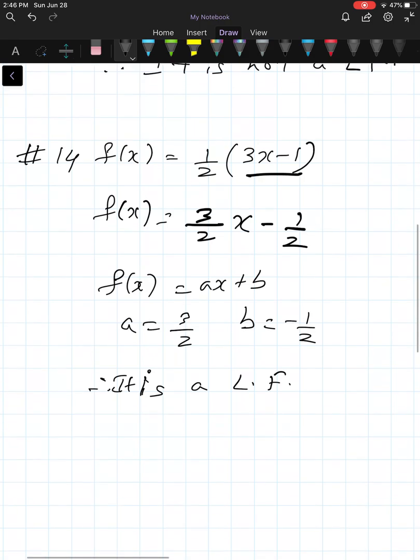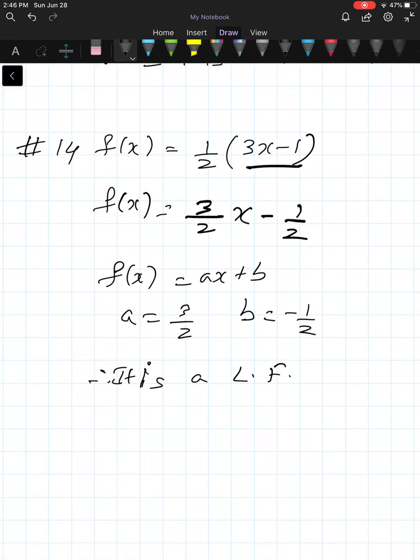Next we shall see how to graph a linear function. You know how to graph functions, right? You take arbitrary x values and find their functional values, and with this problem we will see how exactly a linear function looks, how it is really a straight line.